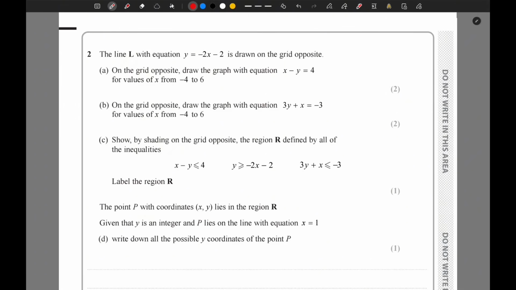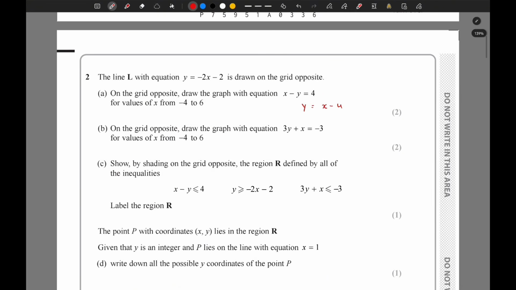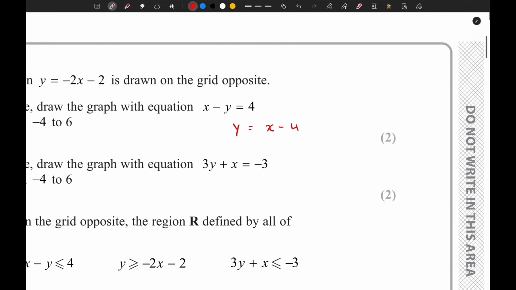Now moving on to the next question. The line L with equation y equals negative 2x minus 2 is drawn on the grid opposite. So on the grid opposite, draw the graph with equation x minus y equals 4. So we can write this equation as y equals x minus 4. So we just need to calculate 2 points. Since this is a straight line, we can find out any 2 points and connect those 2 points to draw the graph of this. So we know at x-axis the value of y is 0, so the value of x is 4.